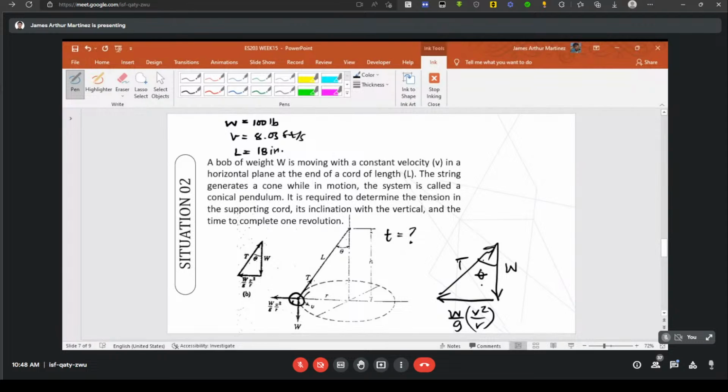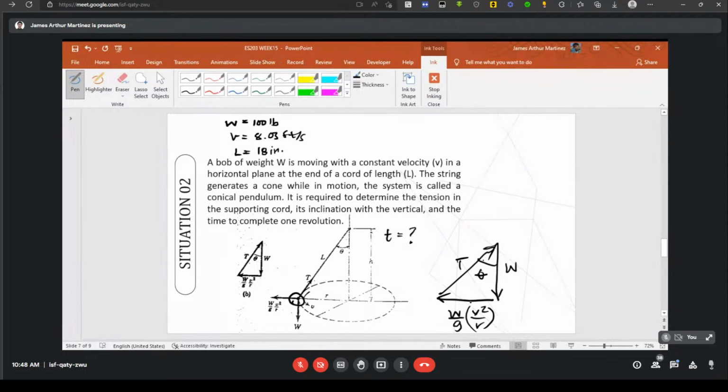As much as possible, when getting a relationship, we use the existing given data. Of course we will not use T since we have no data for that, and our objective is to find the angle of inclination.